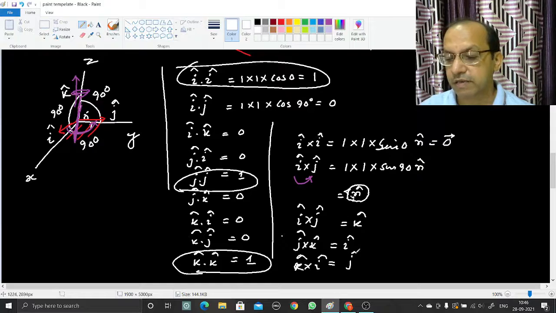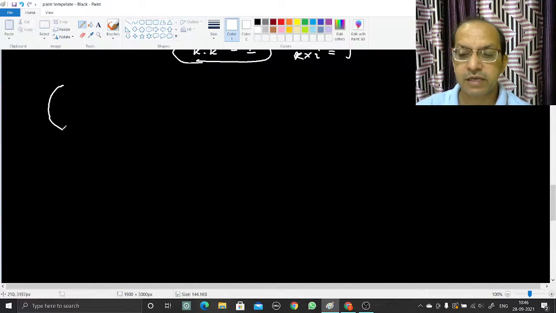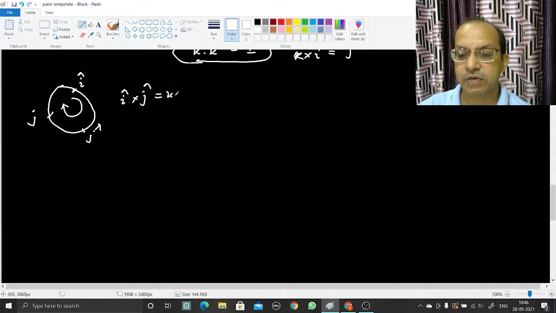Equal to j. You can memorize it in such a way that you write i cap, j cap, and k cap, and go in this way. So i cap cross j cap equals k cap, and j cap cross k cap equals i cap, and k cap cross i cap equals j cap.